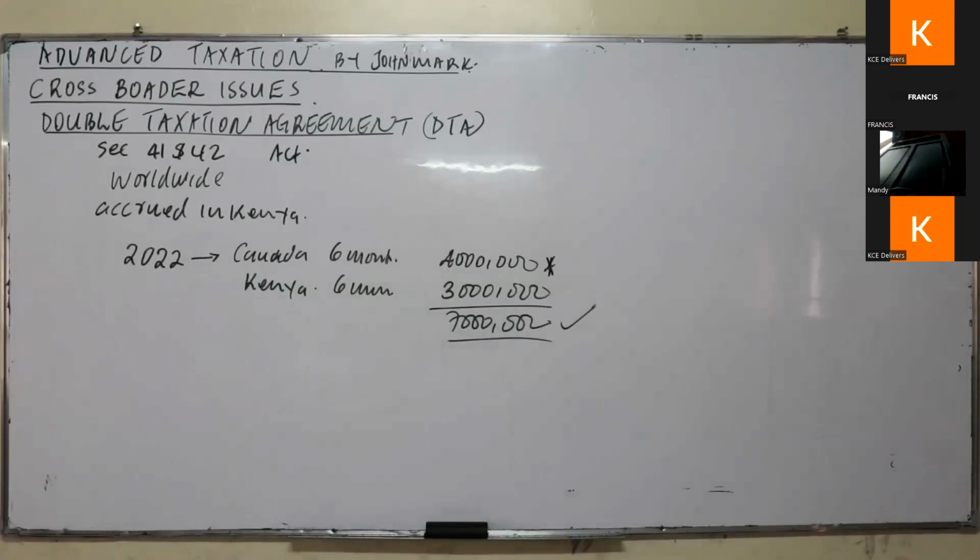Now let's look at the objectives of DTA. What are some of the objectives of having a double tax agreement?